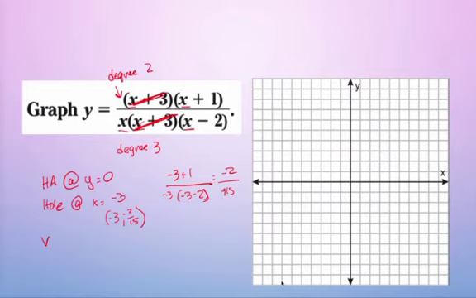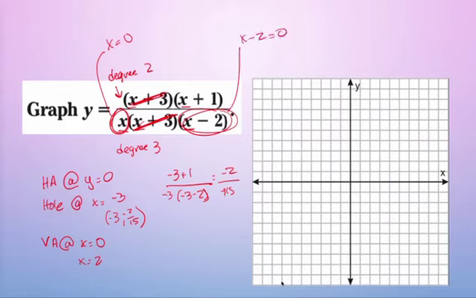We're going to have vertical asymptotes at x equals 0 and x equals 2, where the denominator equals 0. So x equals 0, or x minus 2 equals 0, which is x equals 2. So horizontal asymptote at y equals 0. We do not have a slant asymptote here. If we have a horizontal asymptote, we can't have a slant asymptote. We're going to have a vertical asymptote at 0 and a vertical asymptote at 2.